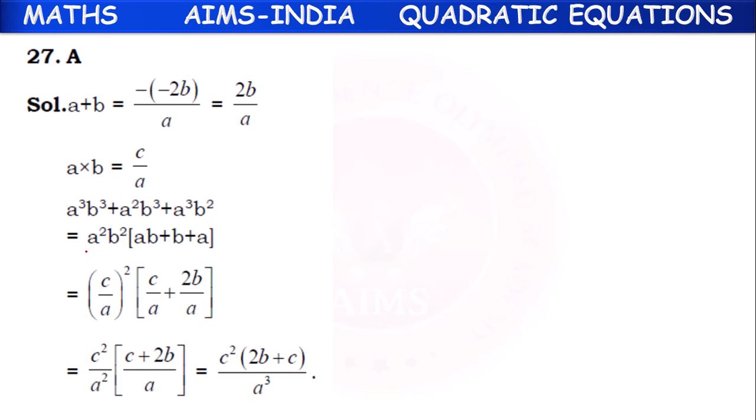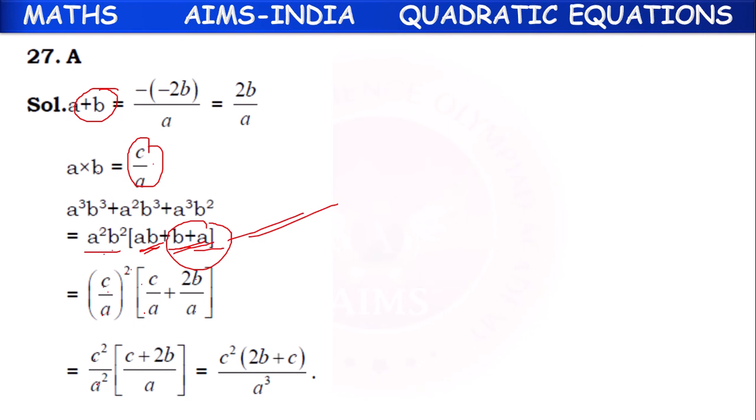So if you take a square b square common, ab plus b plus a will remain. But a into b is c by a. So a square b square equal to c by a whole square we can keep here. In the place of ab, c by a we can keep. In the place of b plus a, which is nothing but a plus b, we can keep 2b by a.